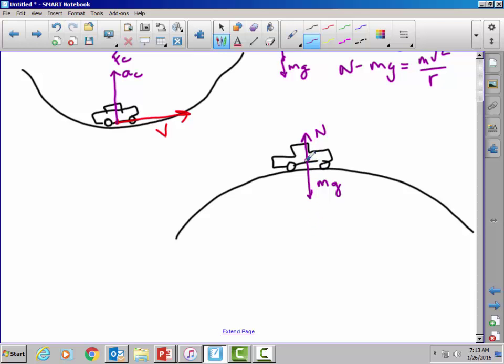And that means that in order for that to happen with the circle that it's making, the weight has to be larger than your normal force. Weight minus normal, so mg minus N equals mv squared over r. Okay? So those two situations are pretty common in a lot of circular motion problems.